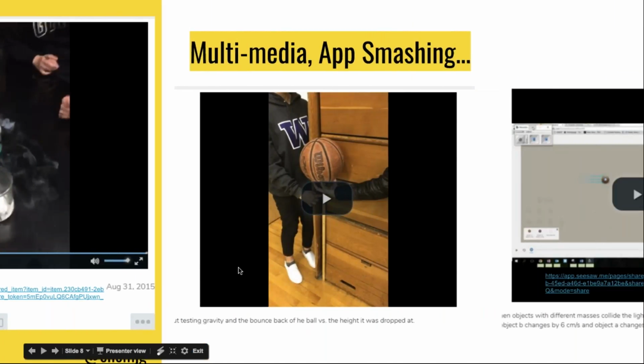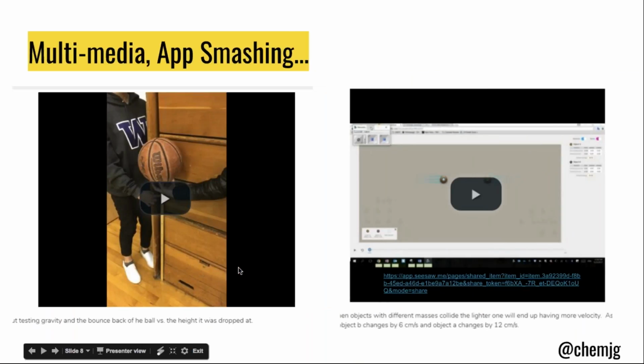Now, I'm not big into different apps. I know that Seesaw does what they call app smashing, so you can incorporate lots of different other apps and post it onto Seesaw. This video, however, is from the Seesaw app, I believe, and they did their own experiment. They designed it and then they executed it, and this was a way for them to show the other students how it went. On the right side, just for time's sake, I won't play it, but this is the simulation from Amplify, which is a science curriculum that we are piloting right now.